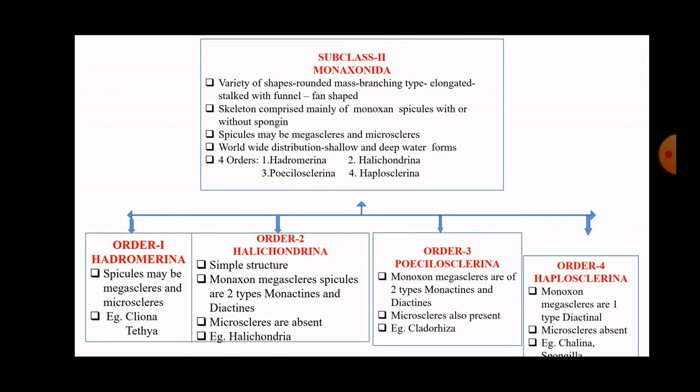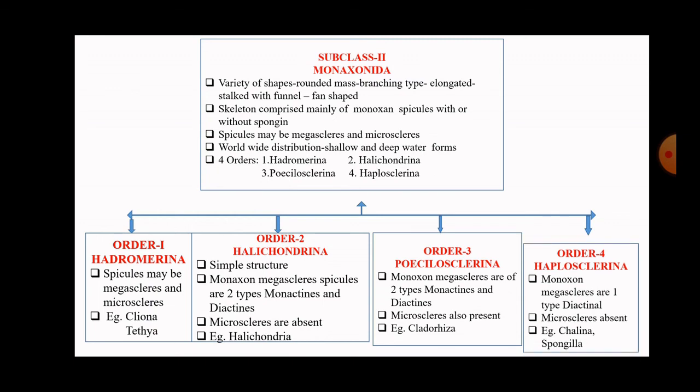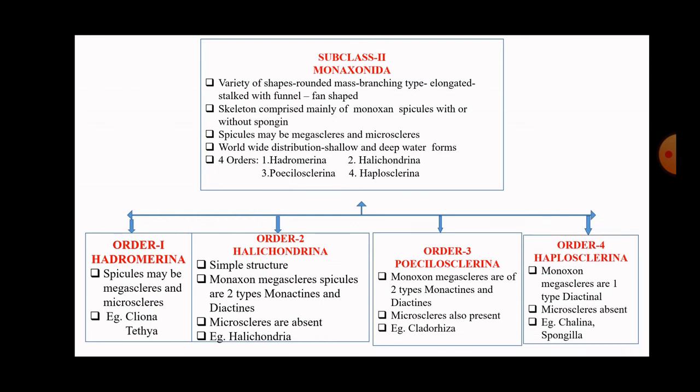Yes, order 1 Hadromerina. In this order, spicules may be megascleres and microscleres. Example: Cliona and Tethya. Halichondrina. These are simple structured animals.